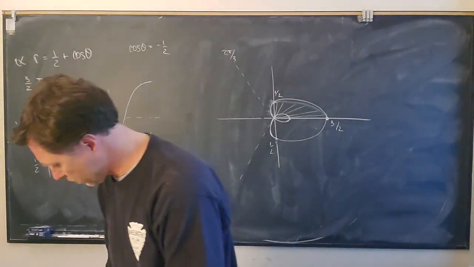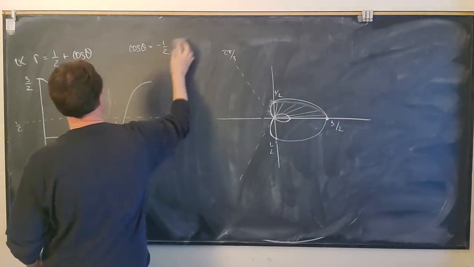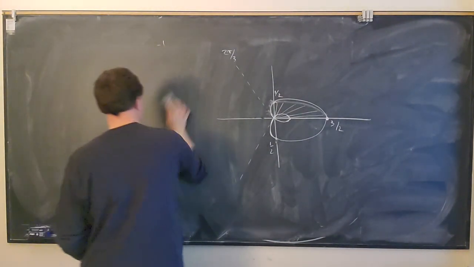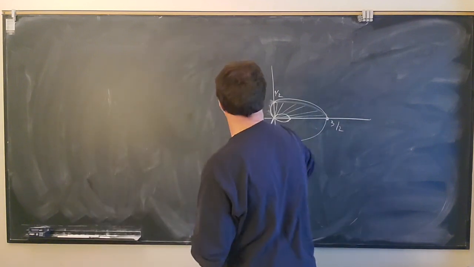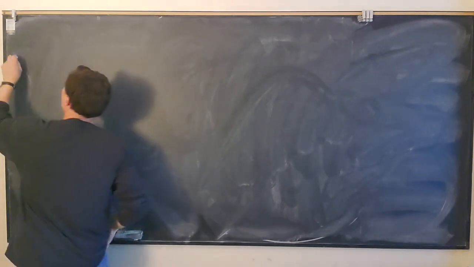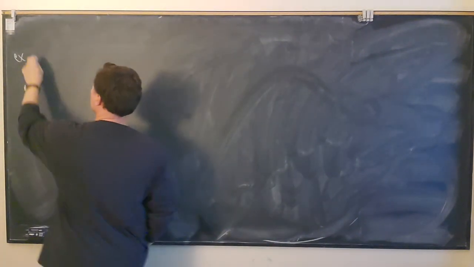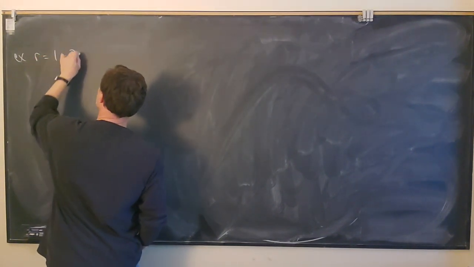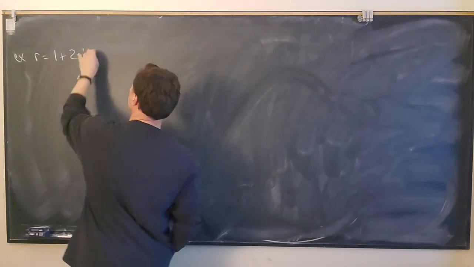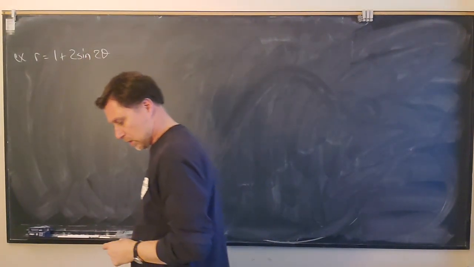Okay, so I'm going to do one more example, and this one's going to require you to really know your trig values. So this is going to be r equals 1 plus 2 sine 2 theta. Okay, so what do we have?